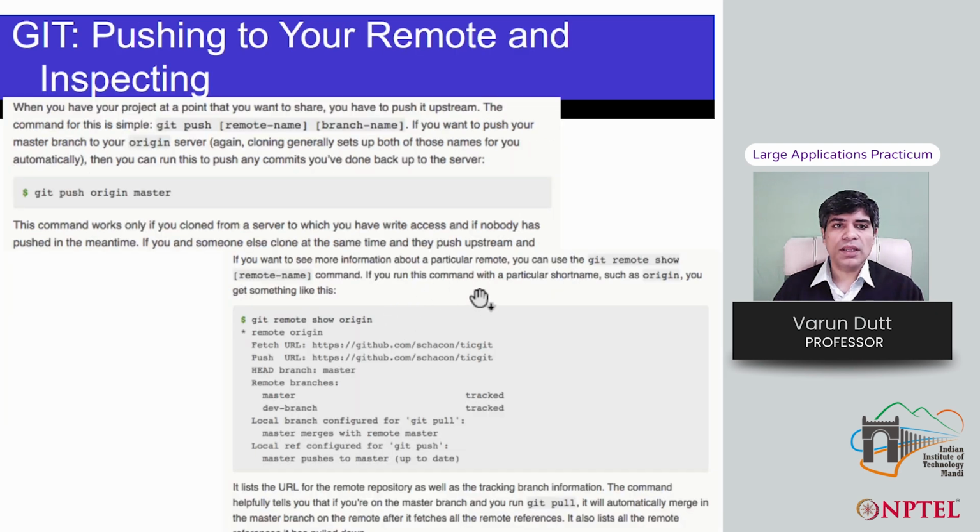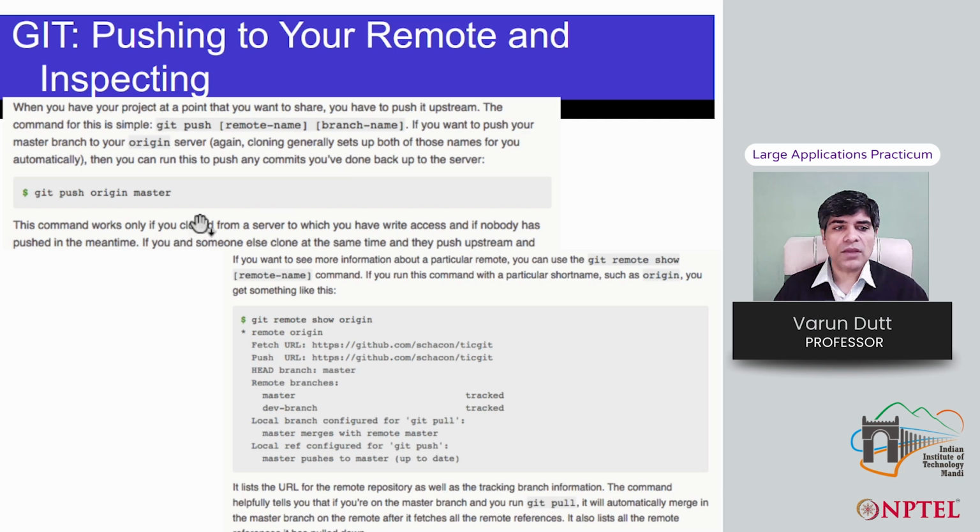So now there is also pushing to your remote repository, which is once you have made all the changes, you can run the git push command, which takes the remote name and branch name. Basically this allows you to push the changes to a global repository, which is the remote repository.